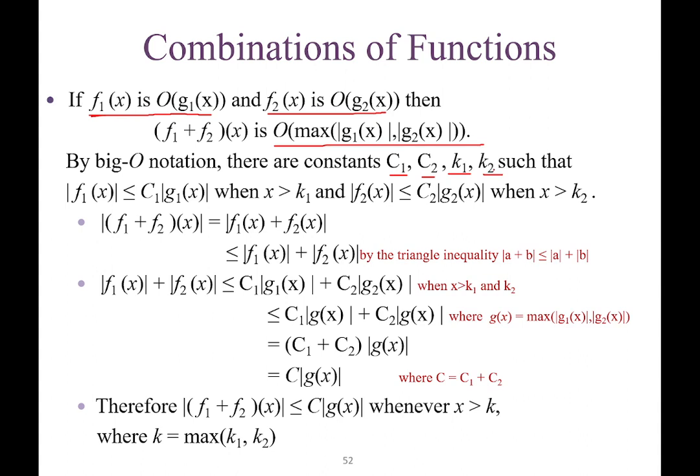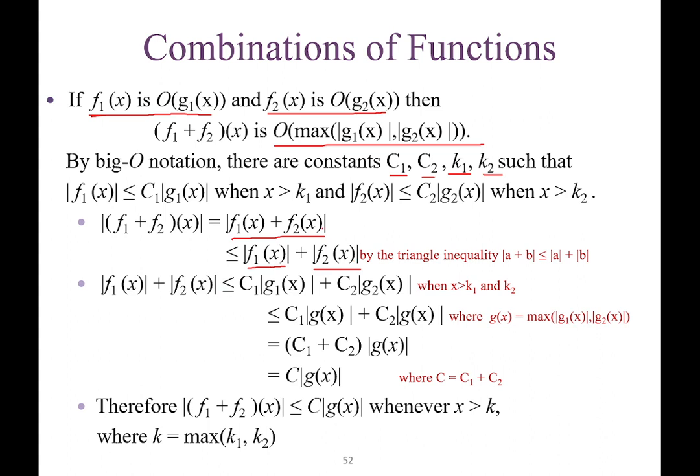Next we can write the combination of these functions, f1 plus f2. The absolute value of f1 plus f2 is less than or equal to the absolute value of f1 plus the absolute value of f2 of x.